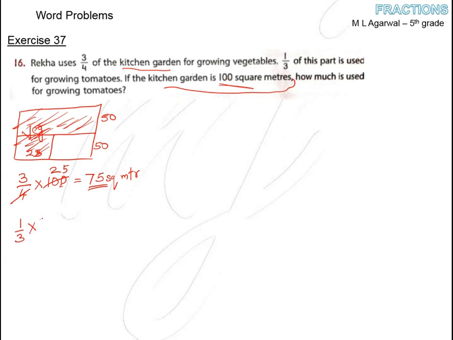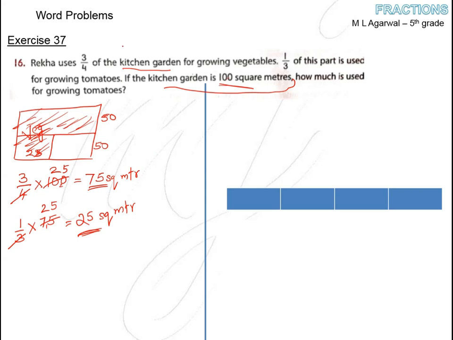So 1/3 of 75 is used for growing tomatoes. So 3, 1, 3 2s are 6, 1 carry over, 5. So 25 into 1 is 25 square meters is used for growing tomatoes. So that is the question. How much is used for growing tomatoes? 25 square meters. Clear?